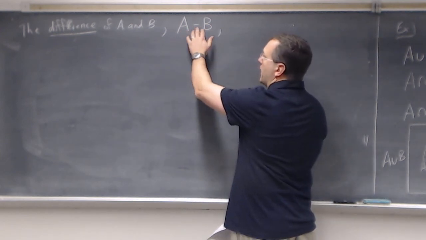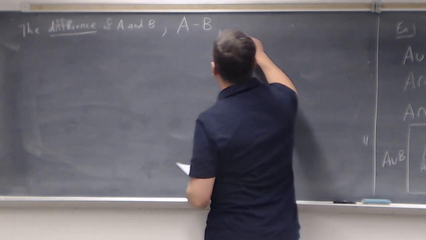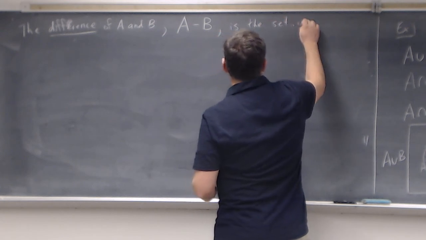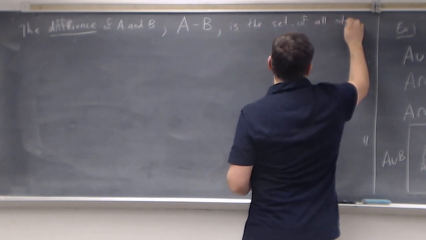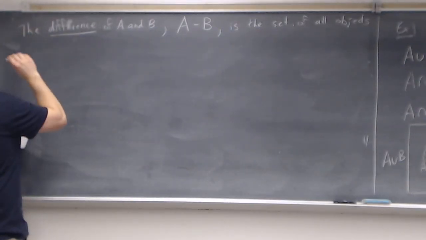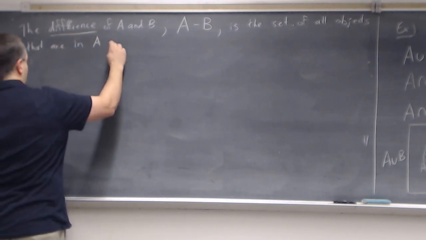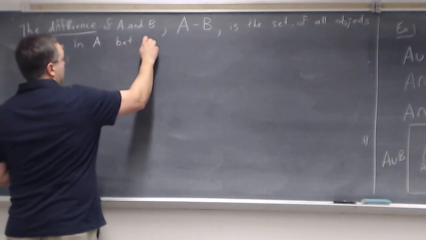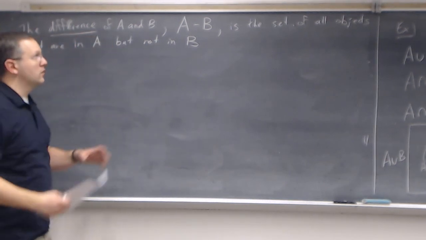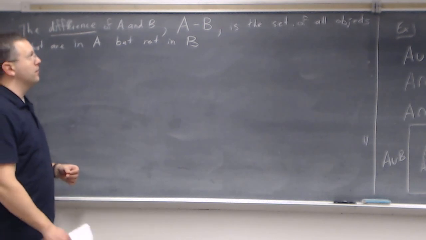You start with the set A, you take away anything that's in B. So the difference of A and B is the set of all objects that are in A but not in B. If you start out with a set A and take out anything that's also in B, then you have A minus B.